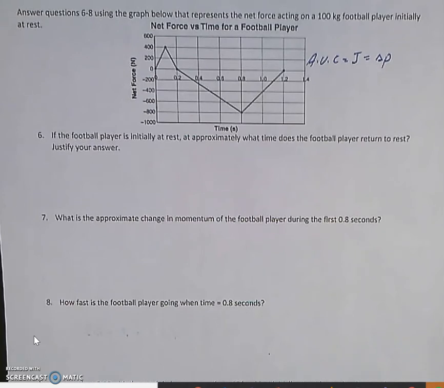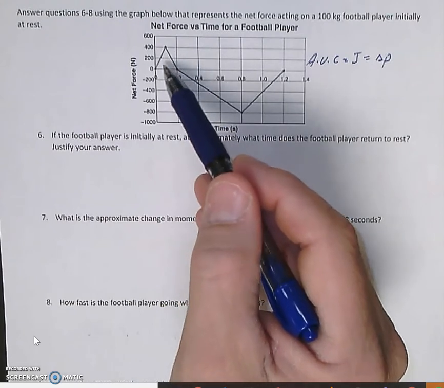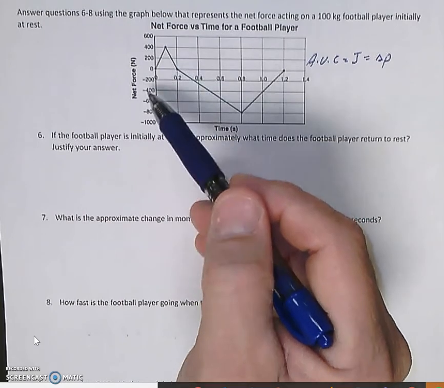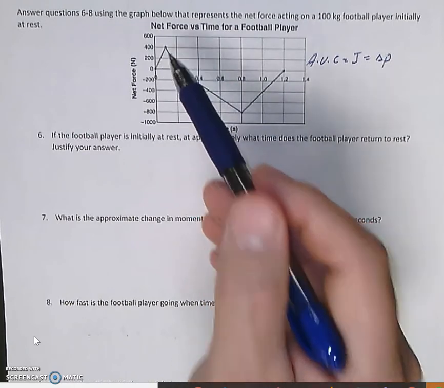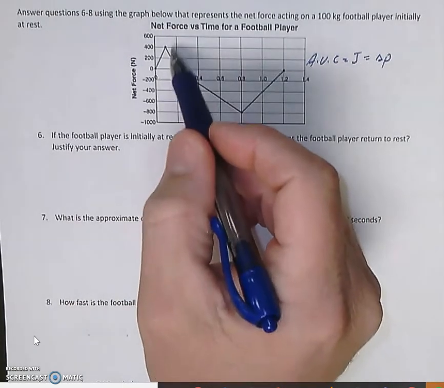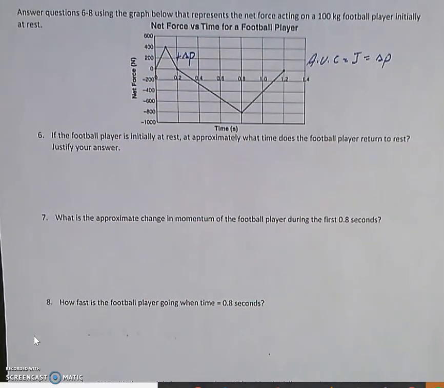Well, if the football player is initially at rest, and then there's a force placed on the football player, then that football player is going to accelerate and change his or her speed. So therefore, when we go above here, we have a positive change in momentum, which means the football player is going to gain speed whenever that force number is above the x-axis.